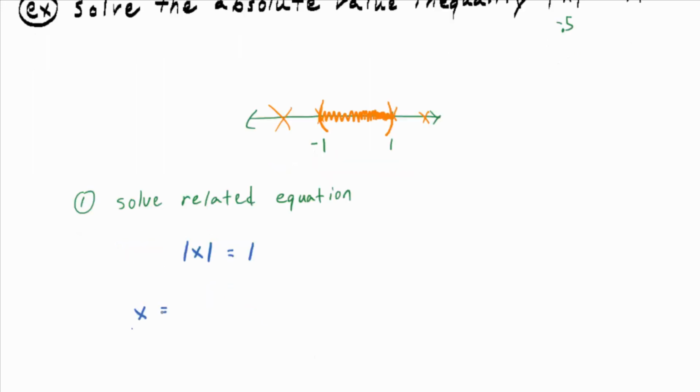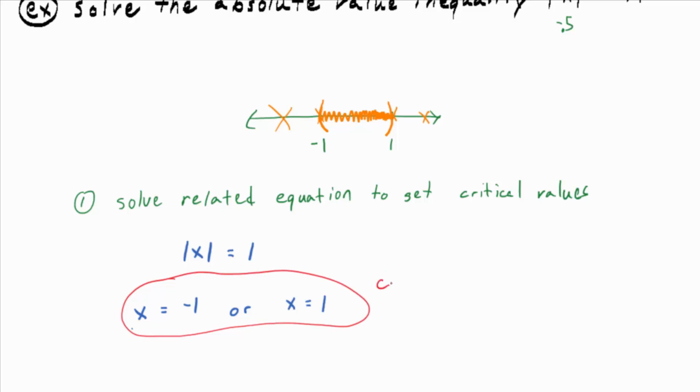What two things? So x equals negative 1 or x equals positive 1. These guys are called your critical values. So we're going to solve the related equation to get critical values. That's step 1. And just in this particular problem, these are the critical values. Let's call them CVs, CVs for short.